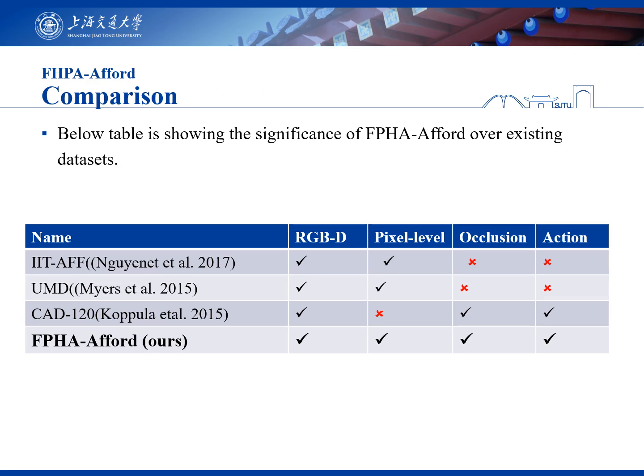We compared our dataset to the most relevant existing object affordance datasets. The table below shows the significance of FPHA-Afford over the existing datasets. Objects in existing datasets are either non-occluded with no interaction involved, or no pixel level labels are available.